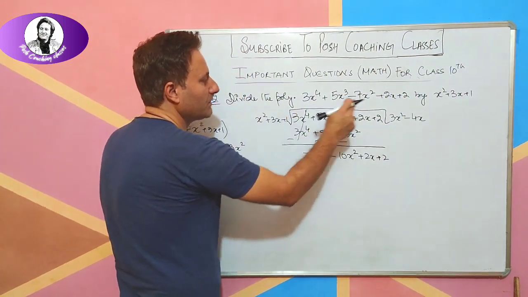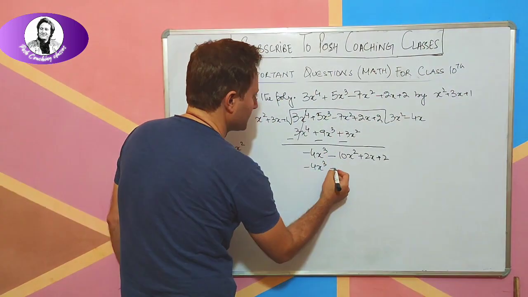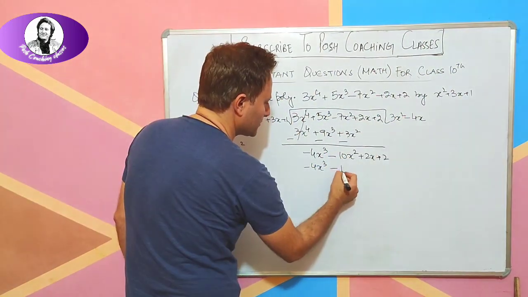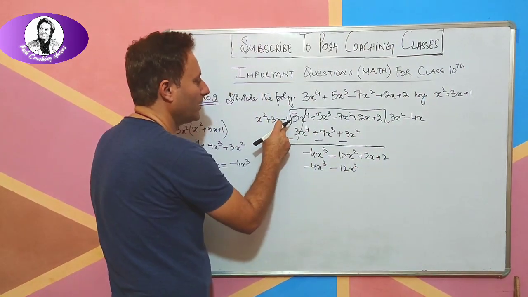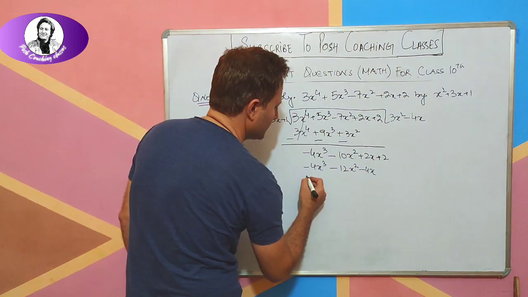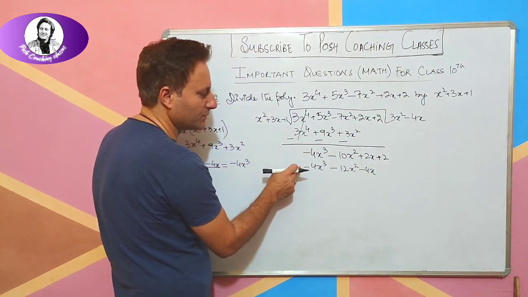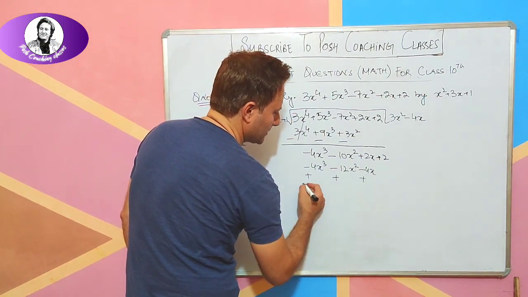Then 3 into 4, this is plus into minus, minus 3 into 4 is 12, x into x is x squared, then 1 into minus 4x becomes minus 4x. Again the signs will change, this is negative, it becomes positive.